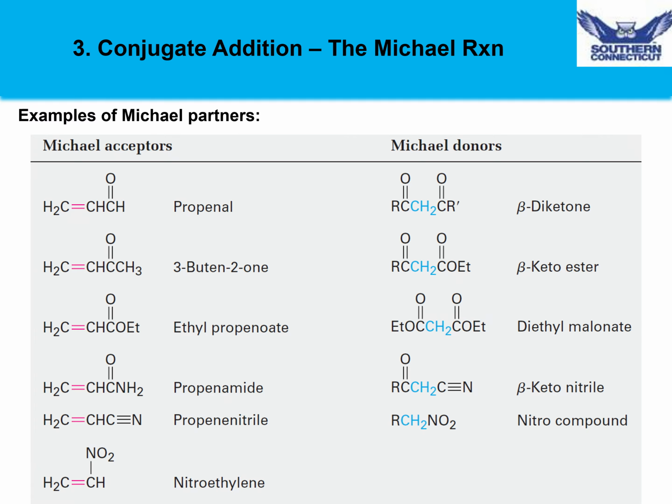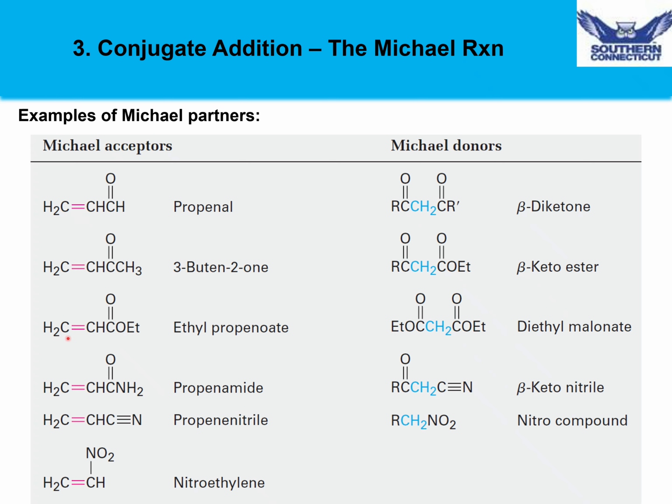There are many possible partners that we could use for a Michael reaction. In general, we want to use a Michael acceptor, that is an alpha beta unsaturated carbonyl or carbonyl-like functional group. Here are a few examples. So we have an alpha beta unsaturated aldehyde. The next example is an alpha beta unsaturated ketone.